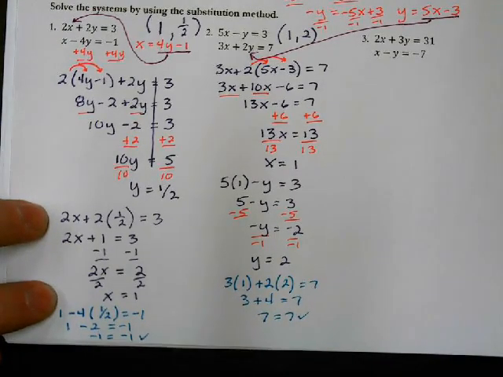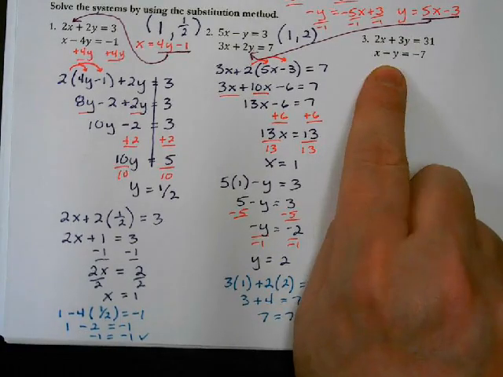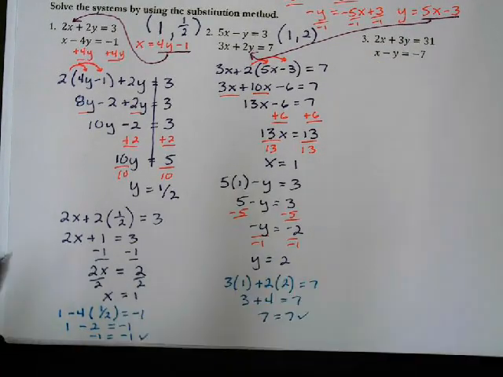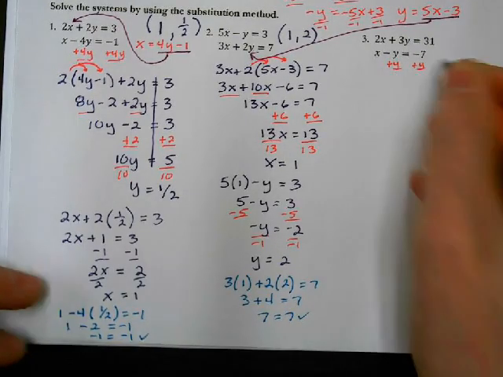All right, last one. I think that the x is the easiest one to get by itself. So I'm going to add y to both sides. That would leave me with x equals y minus 7.